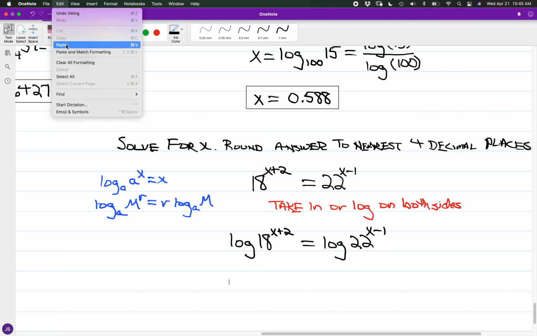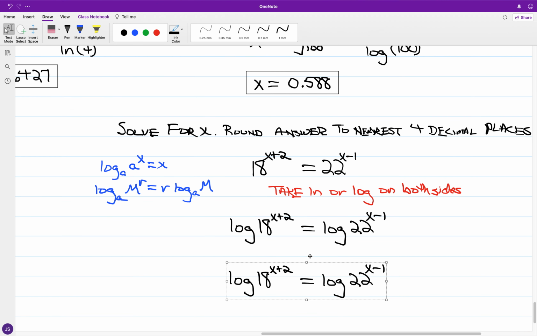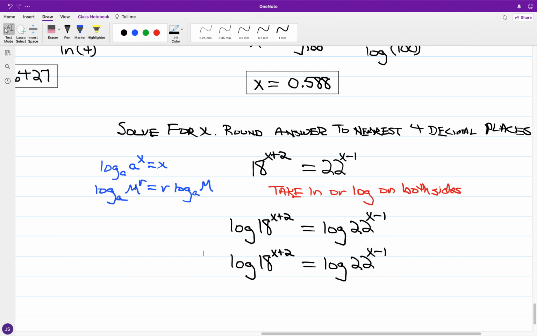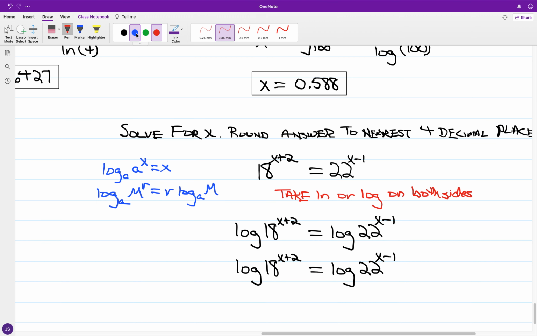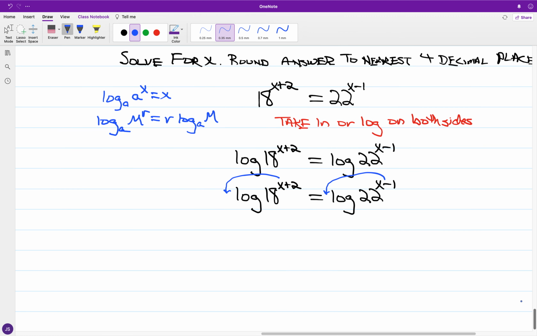All right. And in terms of what to do now, we've got this property where the exponent can be written as a coefficient. So here we have binomials with the exponents.